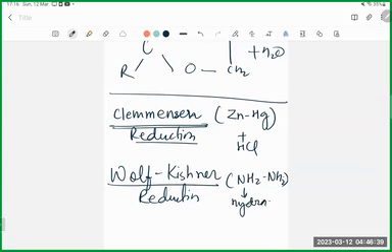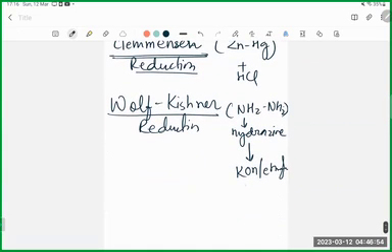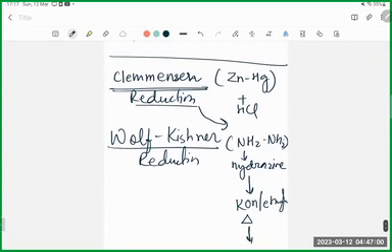Okay, it's an ammonia derivative. We have learned the process for hydrazine. Hydrazone will be formed, carbon double bond nitrogen, and then it goes further with KOH in ethylene glycol medium and we just heat. We get the same product that we are having over here, but via a different way. Did you understand? We get the same product.